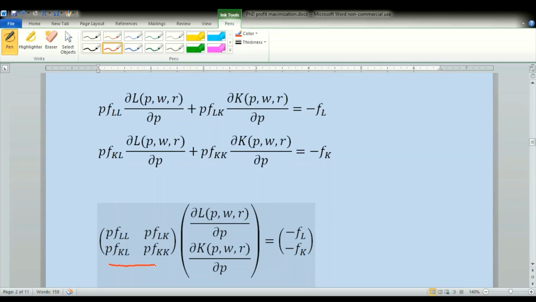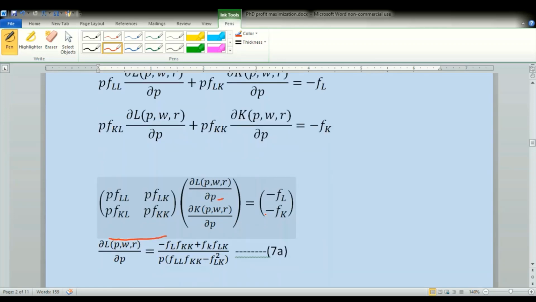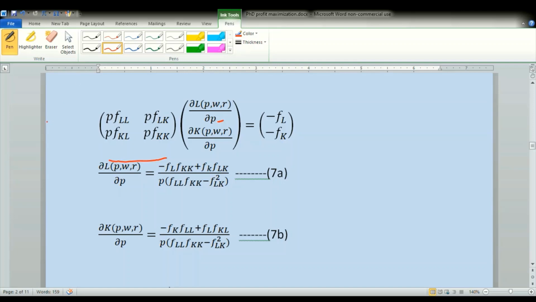So see that this is something we are already familiar with, and that in place of W or R, here we are having P. So ∂L/∂p, and ∂K/∂p. And in place of 1 0 or 0 1, like that was in equation 5 and equation 6, we have minus FL and minus FK on the right hand side. So I use Cramer's rule to solve this system.